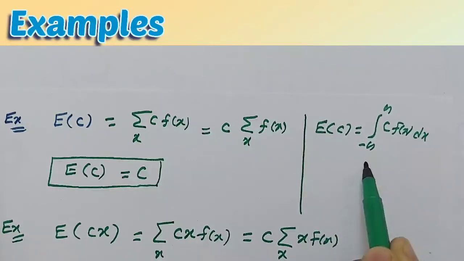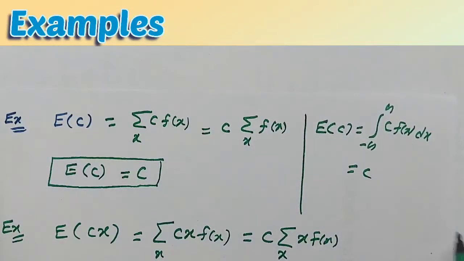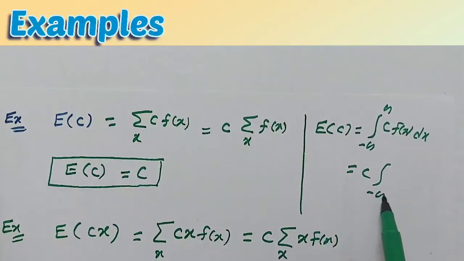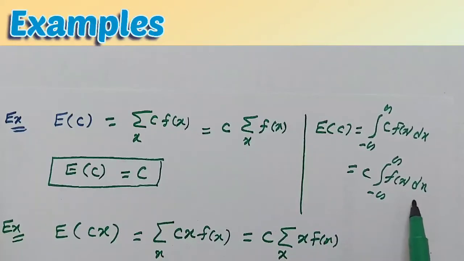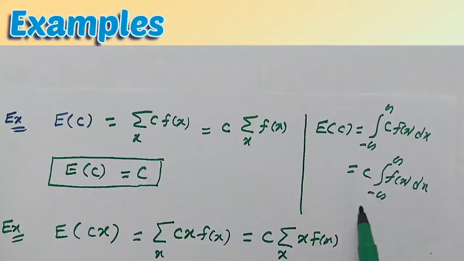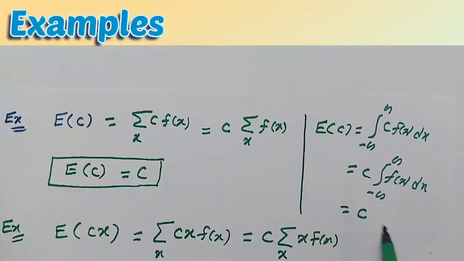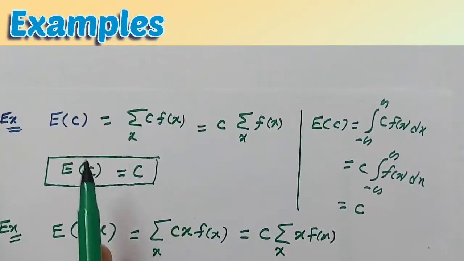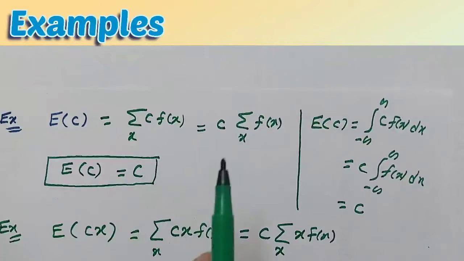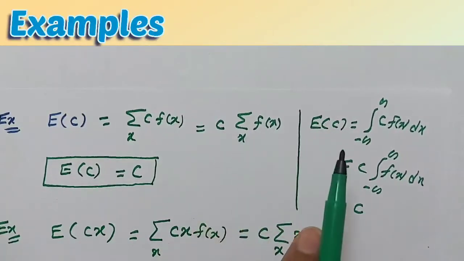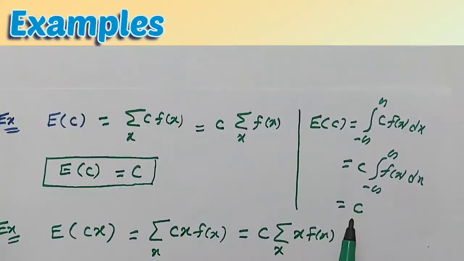Again c is a constant, we can take it outside the integral. The remaining is the integral from minus infinity to infinity of f of x dx. Again, this is the total probability and always total probability is 1. That means ultimately we get c. So expectation of a constant is the constant for a discrete random variable as well as a continuous random variable.